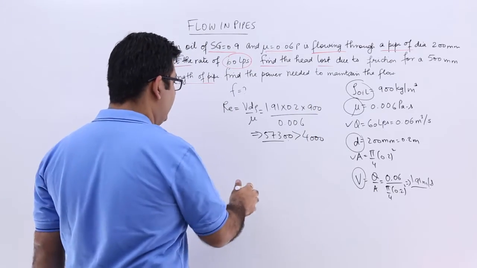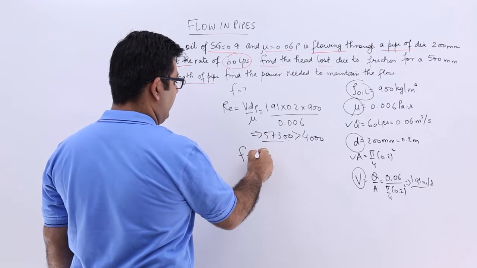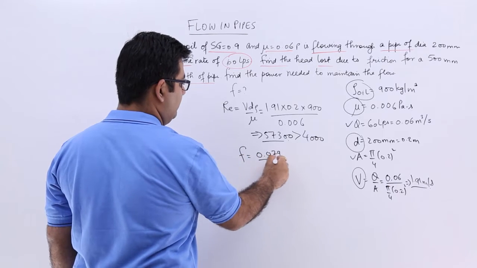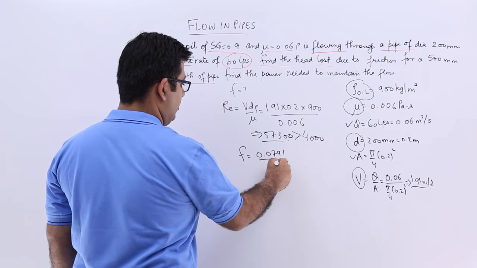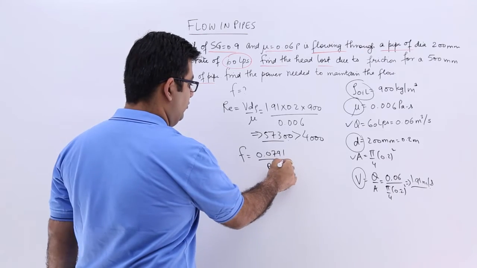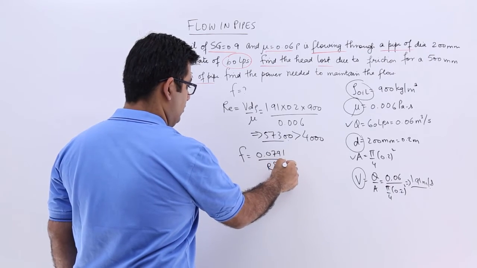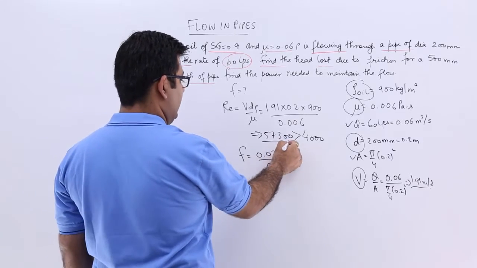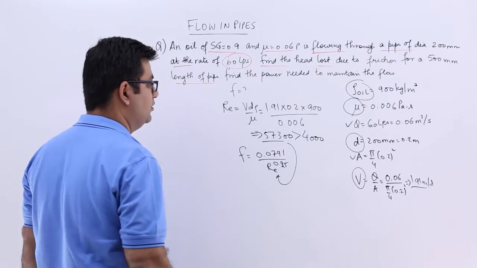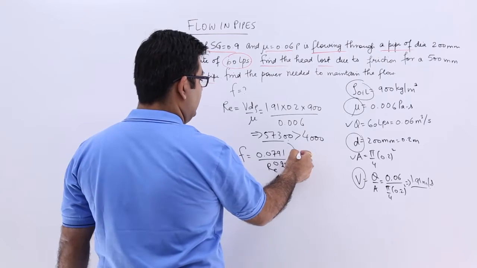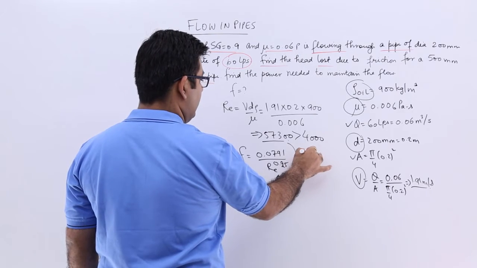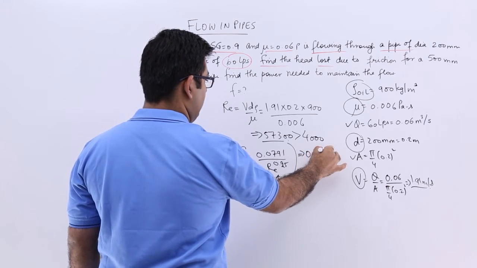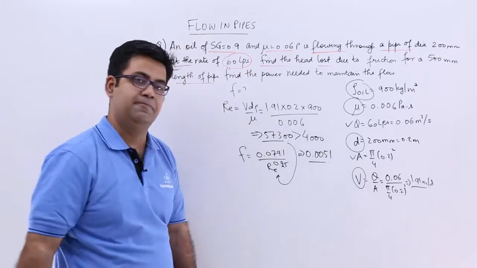So for turbulent flow, the friction factor is 0.0791 upon the Reynolds number to the power 0.25. Okay. So you put in the values, you put the Reynolds number as 57,300. This results in a friction factor of 0.0051.